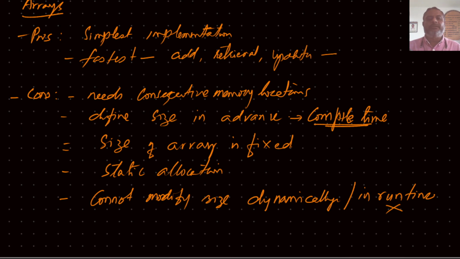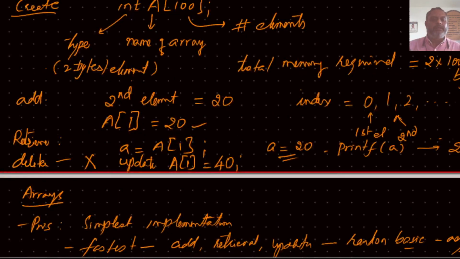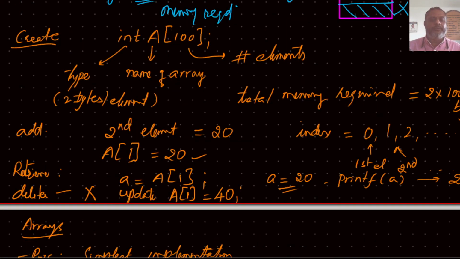All this is fastest possible because it's done on a random basis. The address selection is done randomly. In this case we said A of 1 equal to 20, so it goes to the second location and makes it 20.